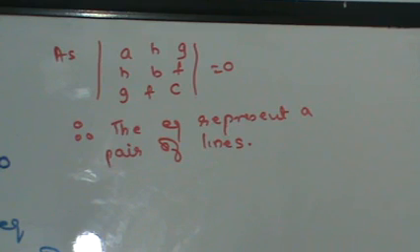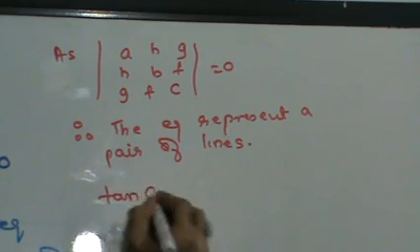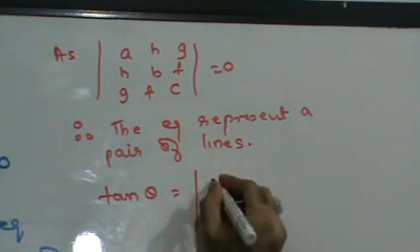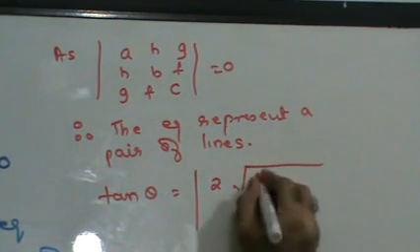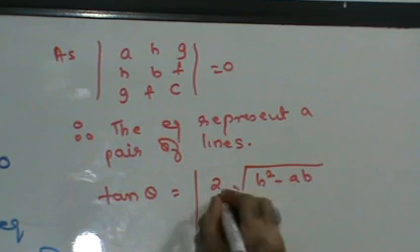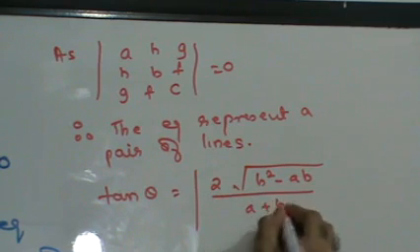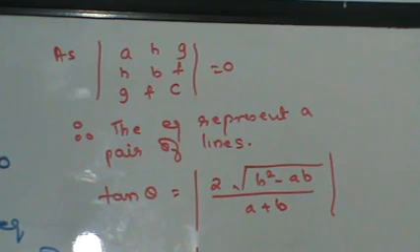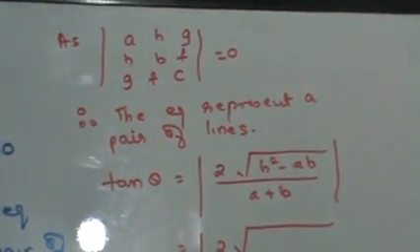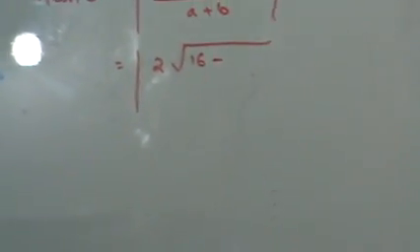Now you need to find out the angle between them. We know that to find the angle, I can say tan theta is modulus of 2 root of h square minus AB upon A plus B. So tan theta is 2 root of h. We already know h is 4. So h square will be 16 minus AB.